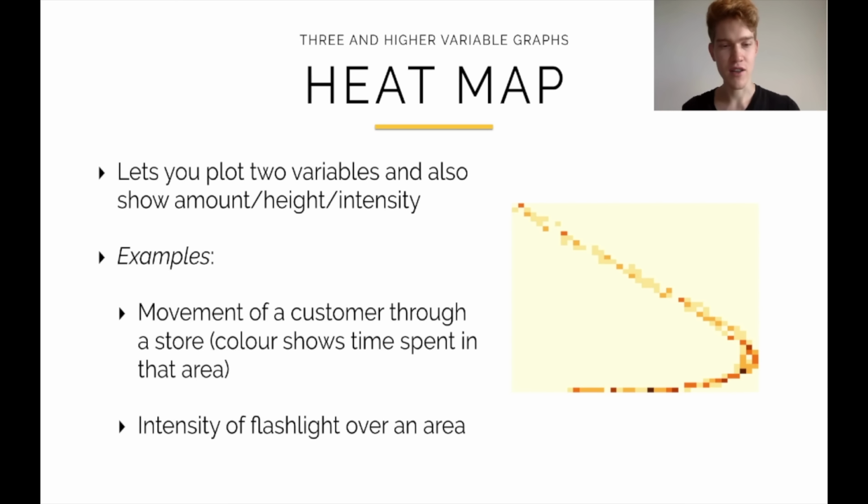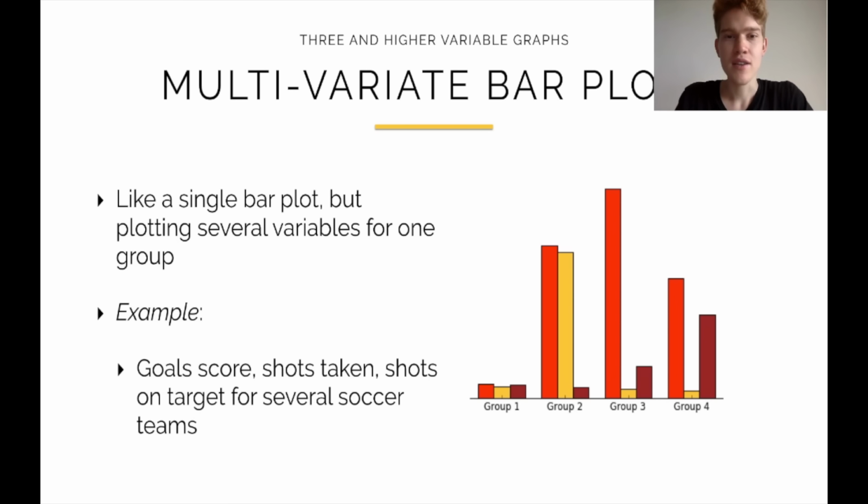But usually a heat map, as the name implies, allows you to track positions, and so it's very often used for tracking customers through stores or just tracking general people's locations, where they like to spend their time. And the intensity that you see in terms of the color is usually the amount of time that they spent there.